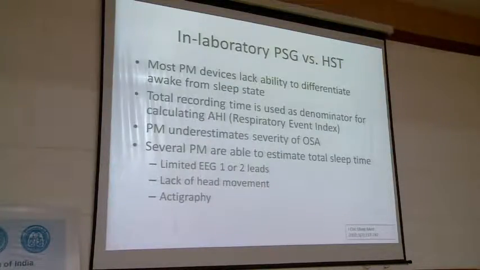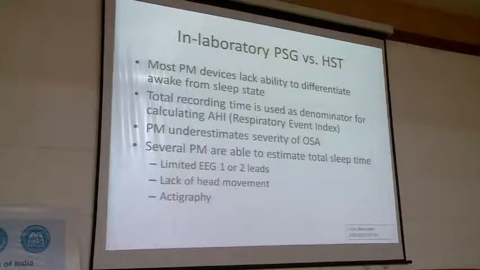In the Journal of Clinical Sleep Medicine, in-laboratory PSG versus home sleep study: most portable monitoring devices lack the ability to differentiate awake from sleep state, because they do not involve the neurological EEG channels. Another important thing is that it is not total sleep time, it is total recording time that is used as the denominator.